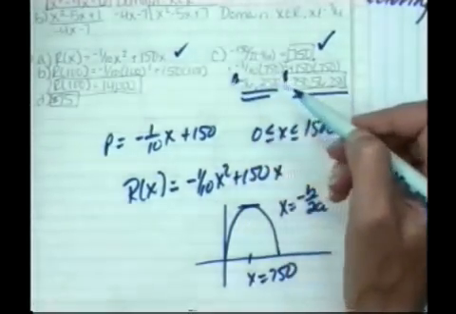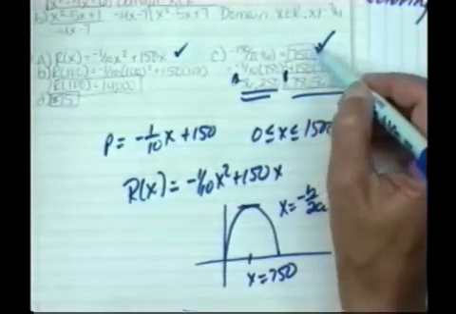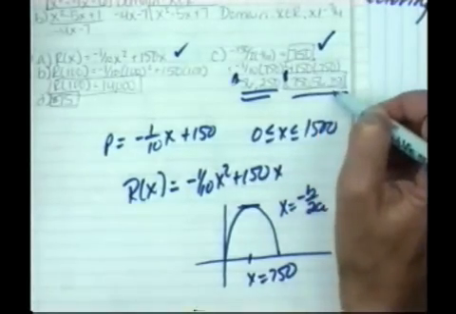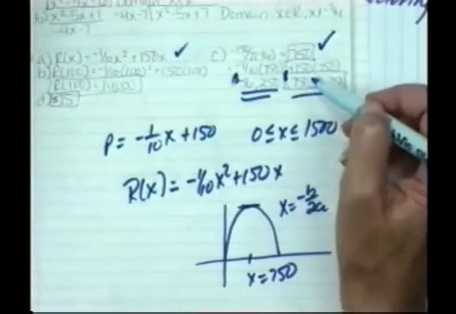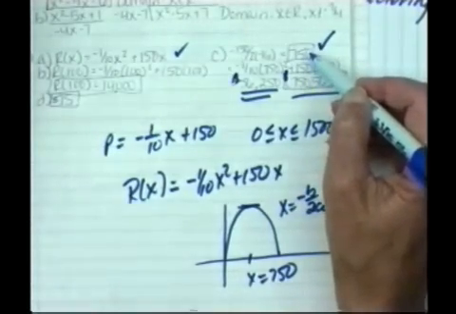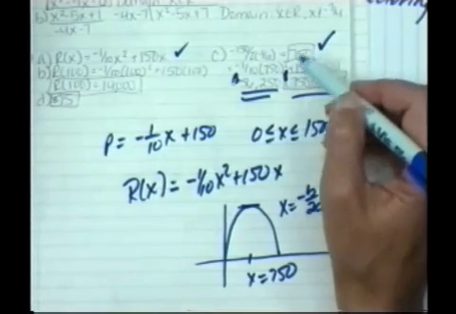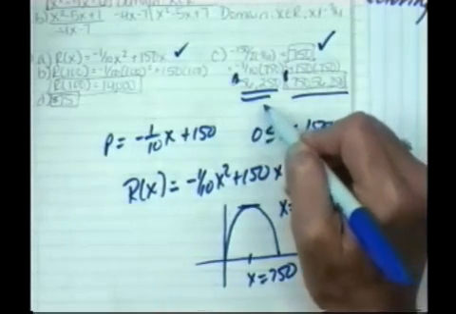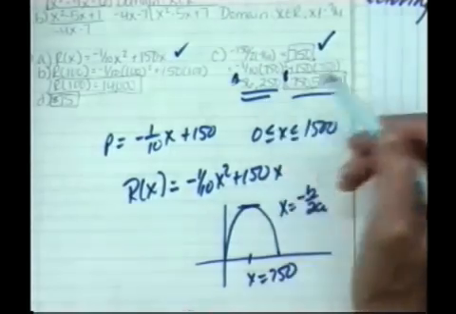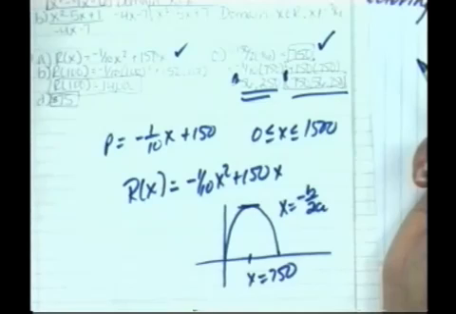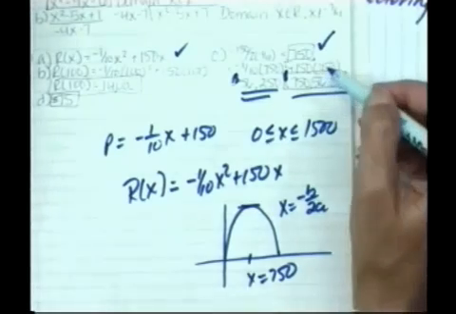Be sure you're clear on what is what. You gave me the point, but let's make sure you understand that you're answering the question. 750 units sold will give us a revenue of $56,250.